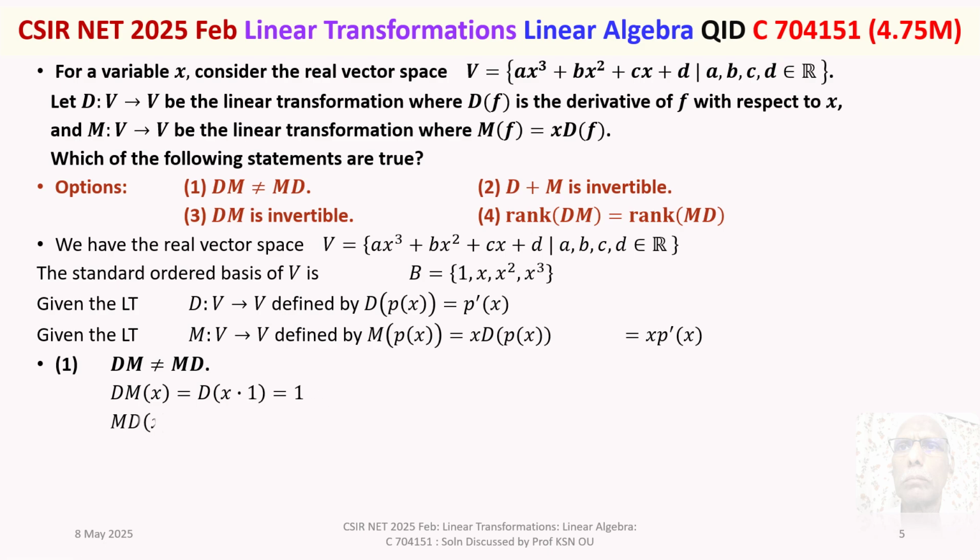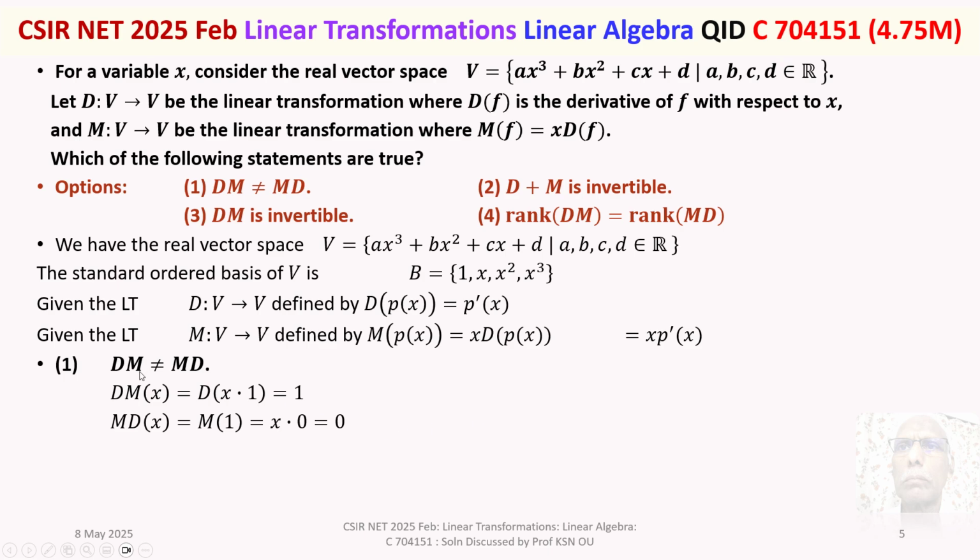And MD of x is M of D of x. D of x is the derivative of x, that is 1. And M of 1 is x times the derivative of 1, that is 0, x dot 0, 0. So, now DM of x is 1, MD of x is 0.